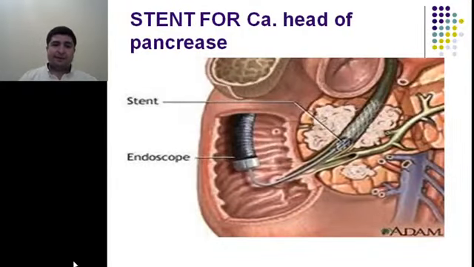Here you can see a stent for cancer of the head of the pancreas. How does it look? Through a duodenoscope, an endoscope, we enter the stent and apply it to the common bile duct, in the area which is compressed from outside.